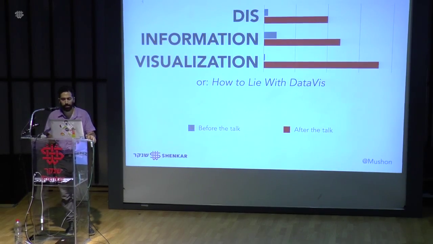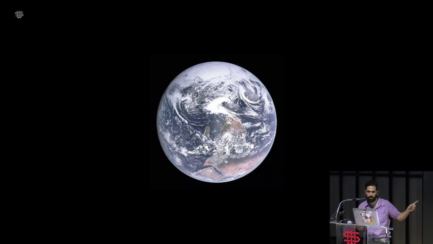That's the background. So does anybody identify this? This is the world, but this is also a very specific photograph. Anybody identify it? iPhone, nice, love it. This is the Blue Marble.